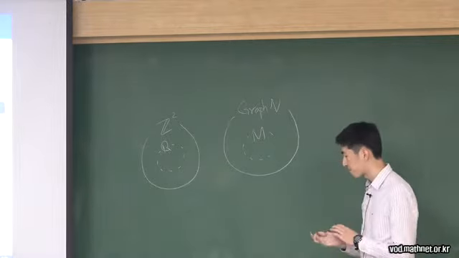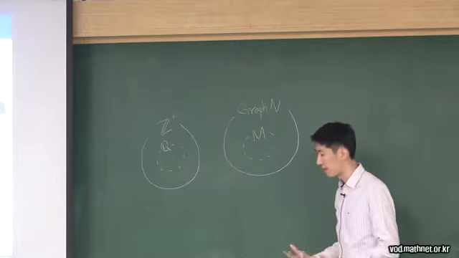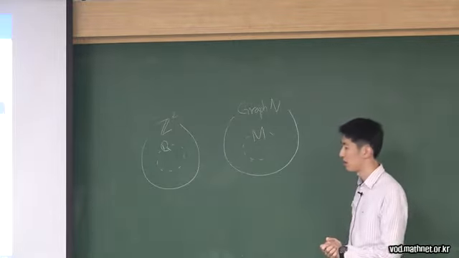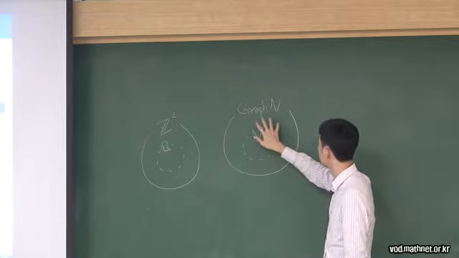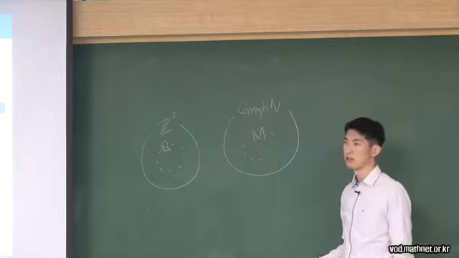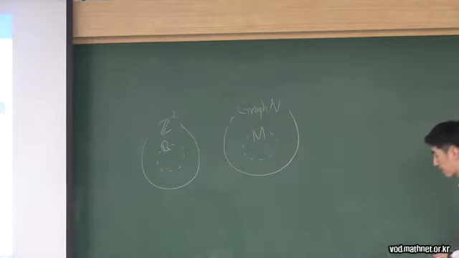which means that if we want to investigate this M, you can just look at the graph N, whatever this M actually is. For example, you can interpret some group in the graph, you can interpret some field in the graph, and so on.